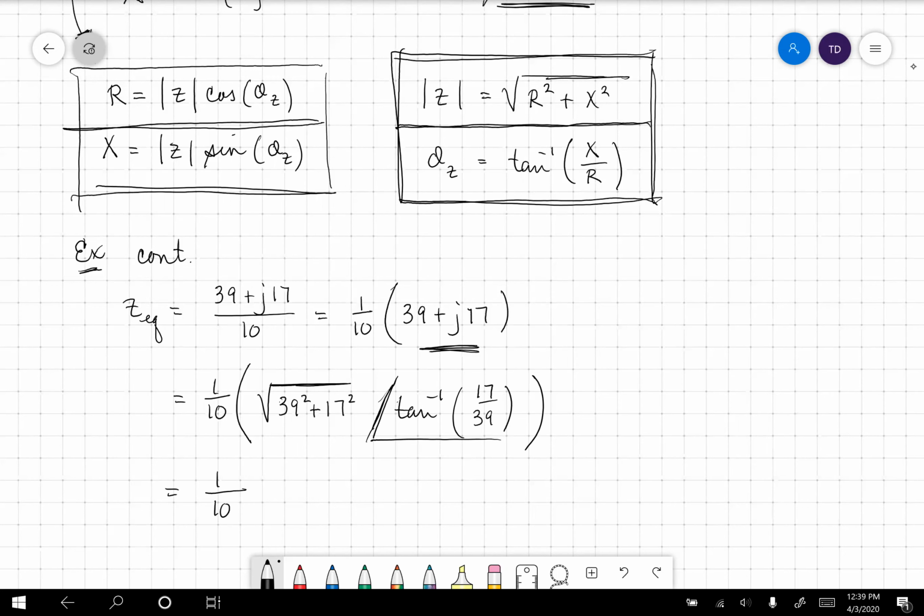So let me just pull out my handy calculator. So it's this times, so I have a calculator on, let's clear that. 39 squared plus 17 squared, and I'll take the square root of that.